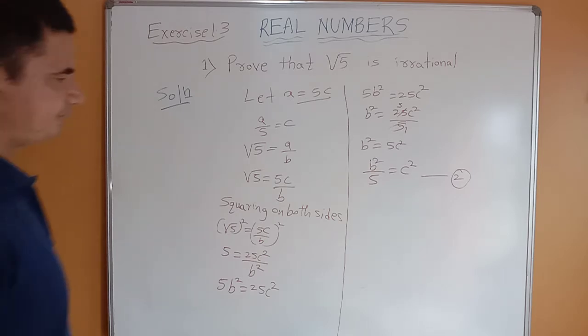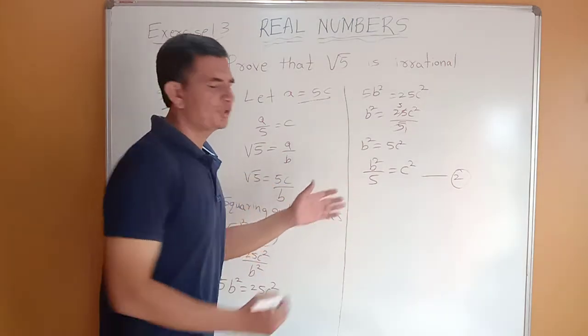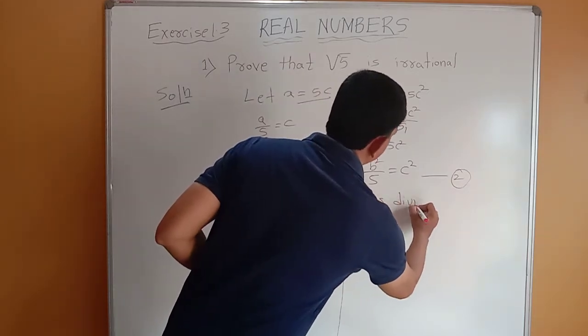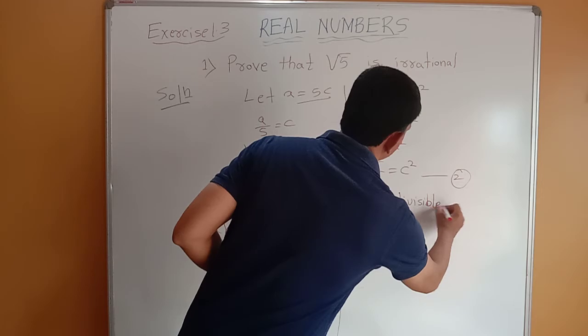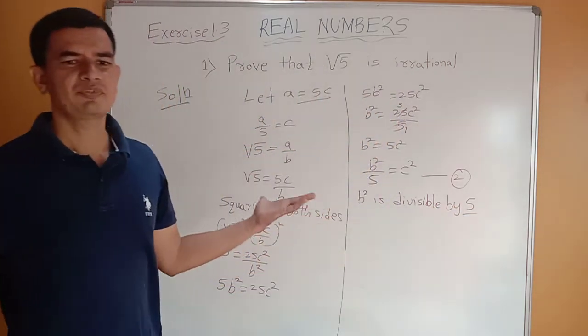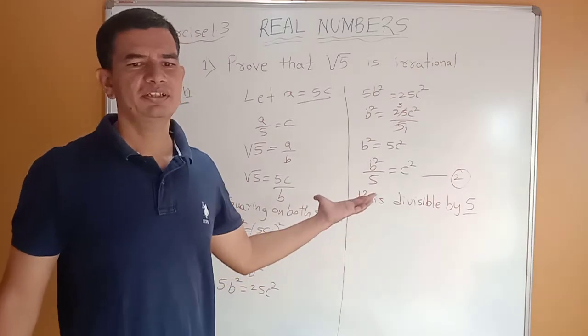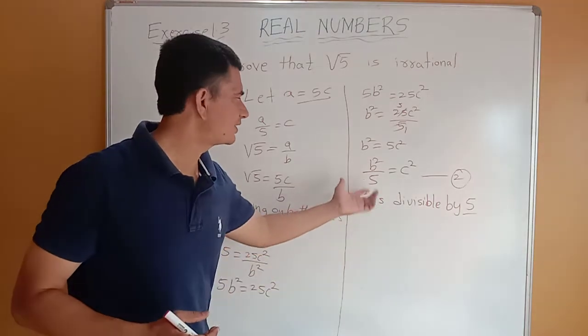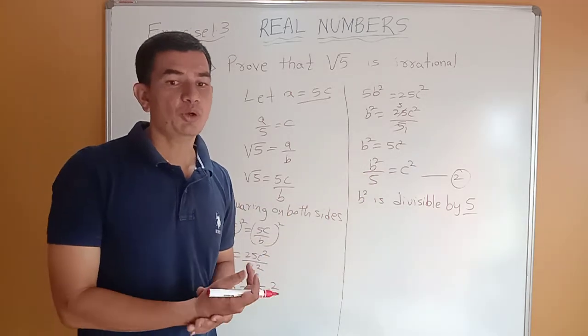Now we can write here b square is divisible by 5. From theorem 1.3 again we can say that b is divisible by 5, from 1 and 2.